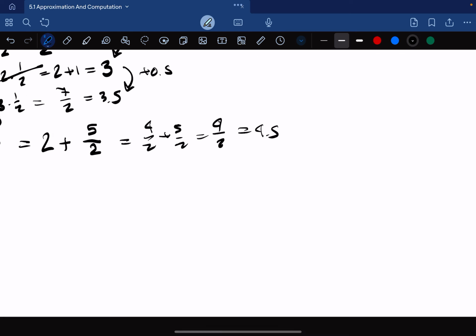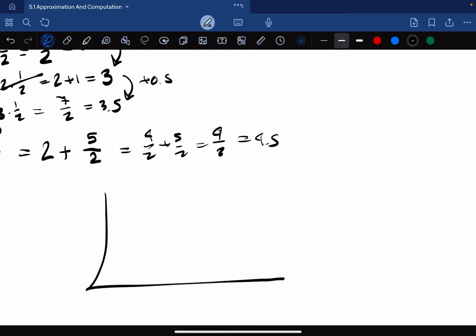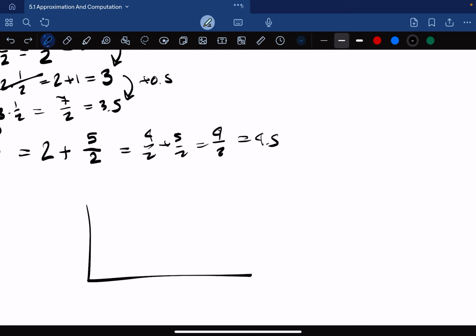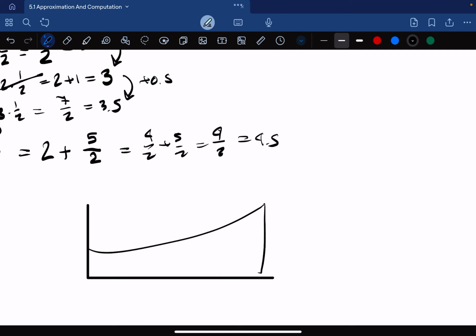I'll draw a graph here as well, just to make it a little easier. So let's say I have something like that. Once again, I'm going to have right endpoints in red and left in blue.